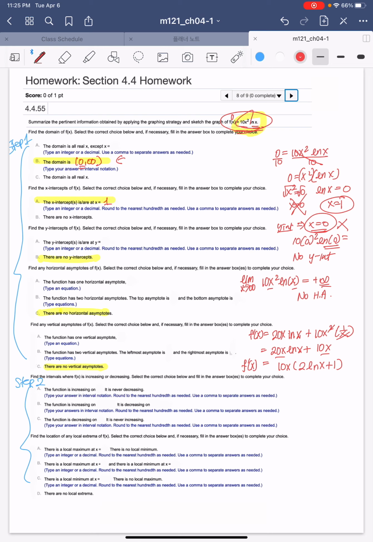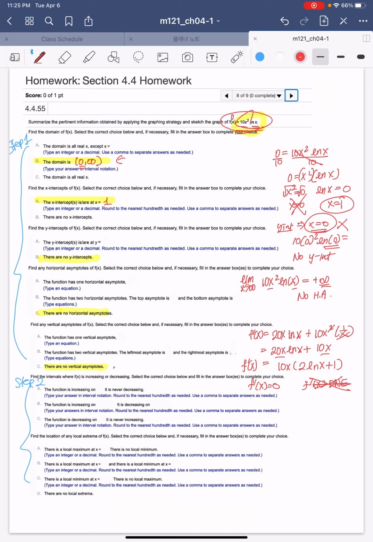I'm going to set that equal to 0 because that's where the critical value occurs. So f prime is 0 or f prime does not exist. We do not have to worry about where it doesn't exist because it exists everywhere. In other words, there is no vertical asymptote, no undefined values, so I cannot find anything from here.